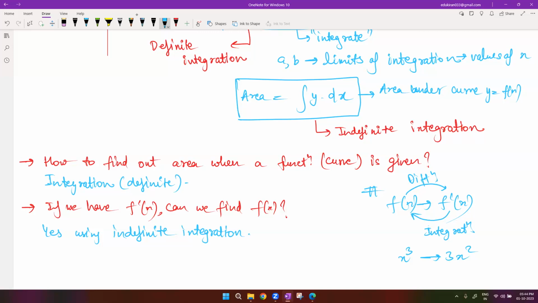We are making the function smaller, whereas in integration we will make it bigger. In integration, x square will become x cube. So integration will increase the powers, but differentiation will decrease the power. That is why I have repeatedly said that differentiation will break your function into smaller parts, and integration will add all the small parts to make a bigger part, right?